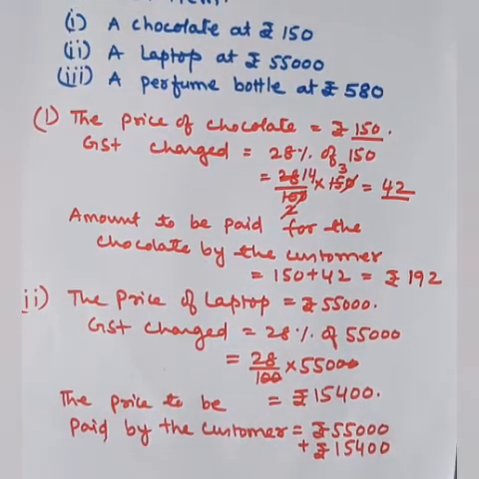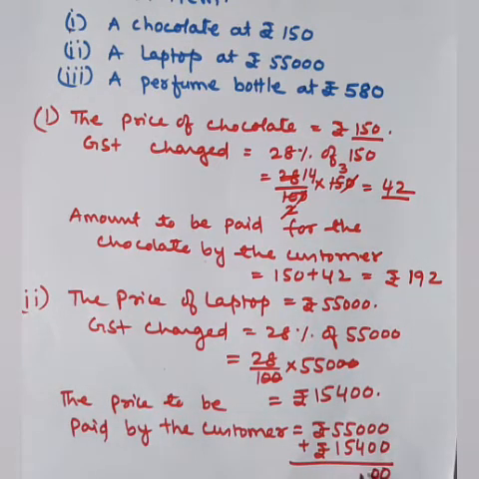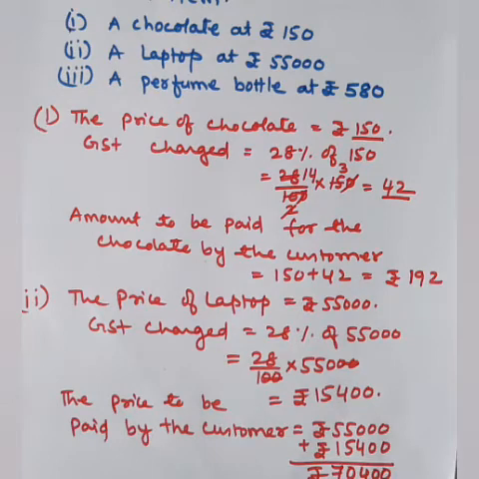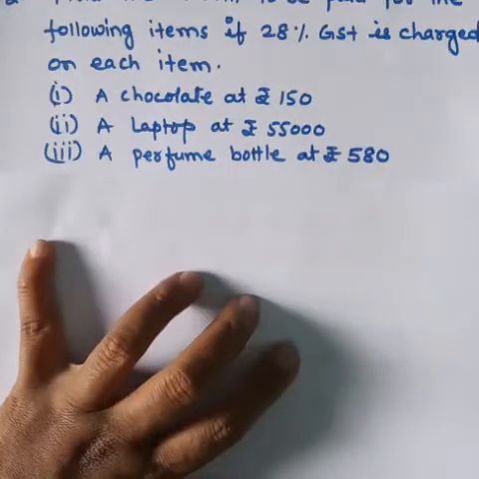Let us see how much is it. 0 0 4 5 5 10 0 1 5 1 6 1 7. That is 70,400. The customer will have to pay 70,400. Now let us see the third point.